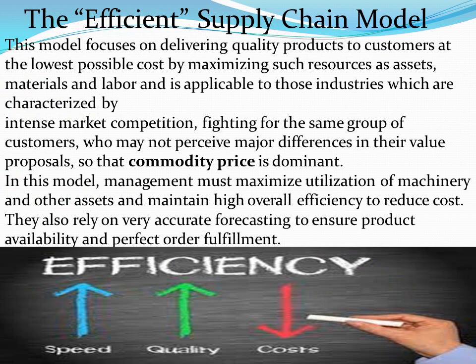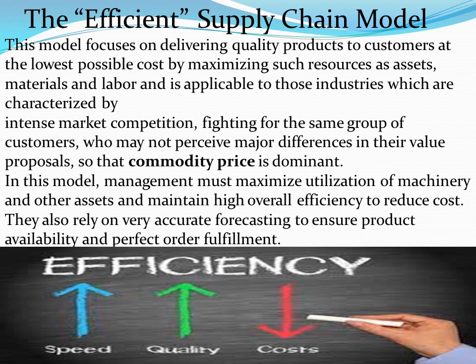So let's start with the first model, which is the efficient supply chain model. This model focuses on delivering quality products to customers at the lowest possible cost by maximizing such resources as assets, machinery, materials and labor, and is applicable to those industries which are characterized by intense market competition, fighting for the same group of customers, who may not perceive major differences in their value proposals, so that commodity price is dominant.